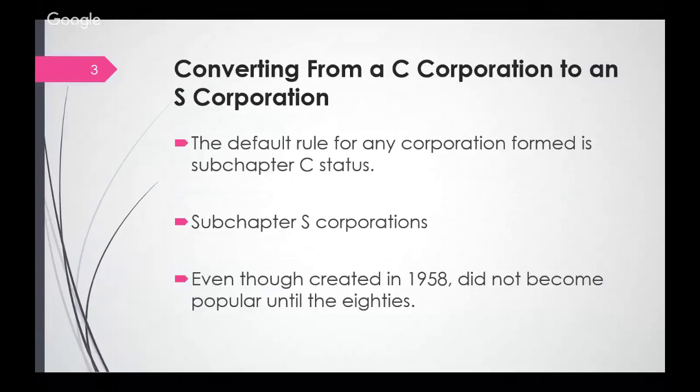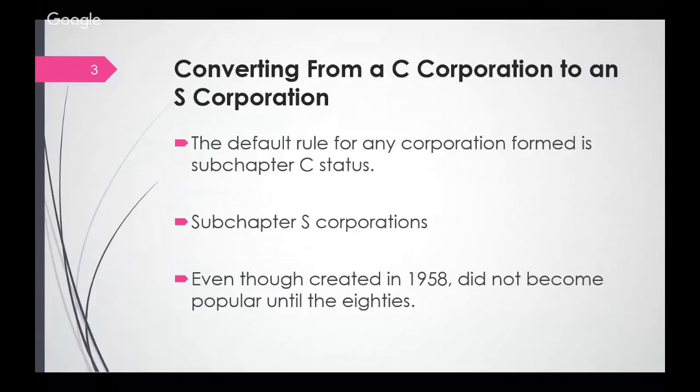If you're a C corporation, that profit is taxed at 15%, up to $50,000 of profit. So don't just think because we're talking about converting from a C to an S that you automatically want to make this conversion.